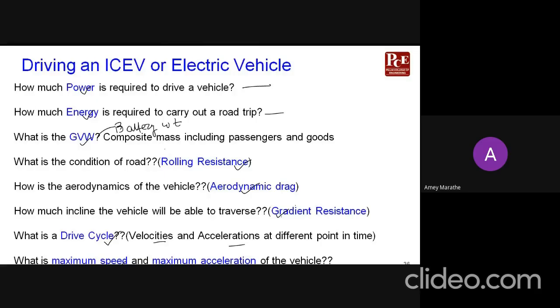Please recall the dashboard which we have seen. That dashboard was specifically talking about maximum speed for a particular vehicle, and it was also talking about maximum acceleration for that particular vehicle, which was under the FAME scheme. Do you all remember?